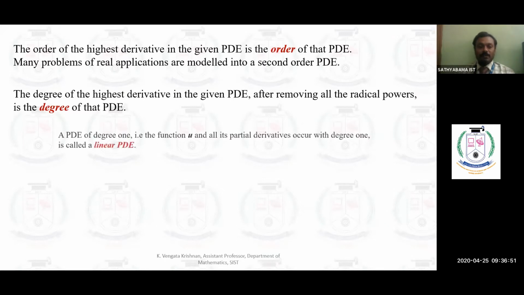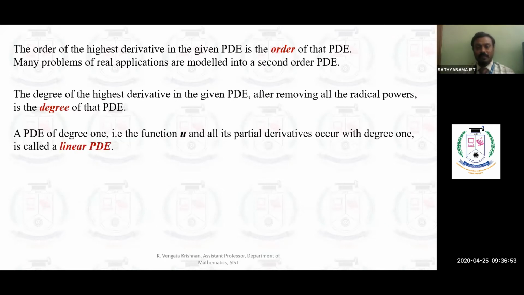If the degree is 1 for each term, each term in the sense not for an independent variable, if u and all its partial derivatives occur with degree 1, then we call it a linear partial differential equation.